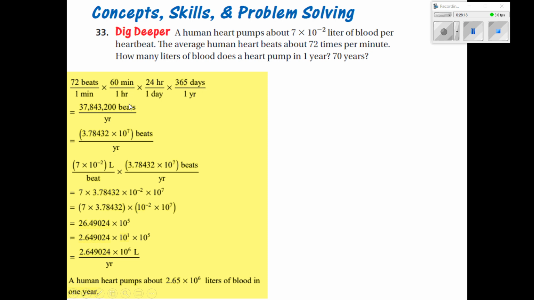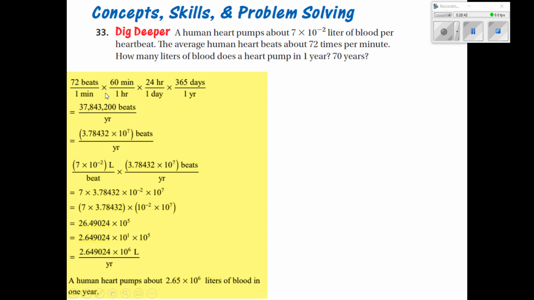We're taking 72 beats over 1 minute. We know that there's 60 minutes in an hour, 24 hours in a day. Remember, we're trying to find out, since we know how much it does per heartbeat, and we know how much it is per minute, we're talking about years and days. Now we're going to have to take 365 days in a year.